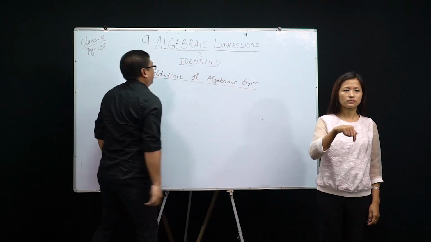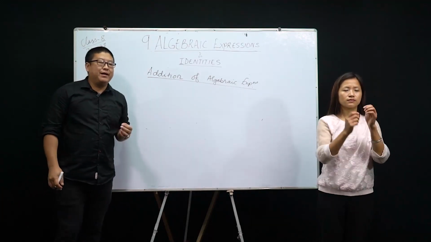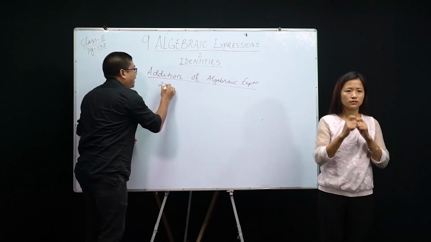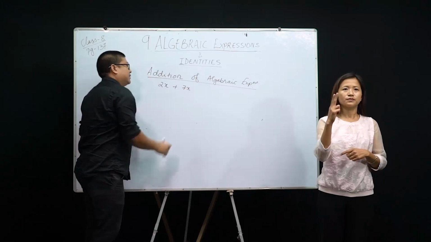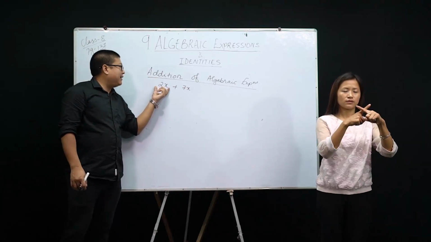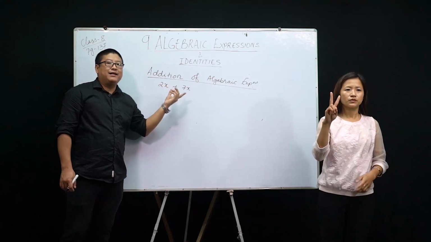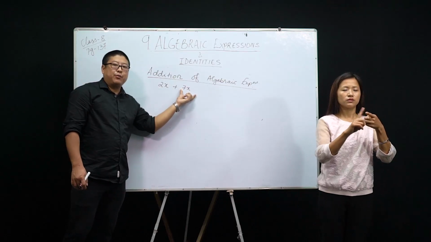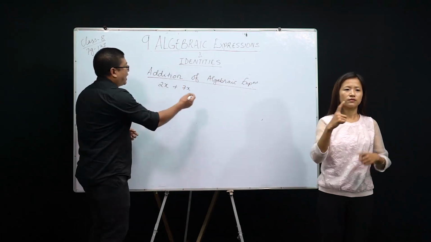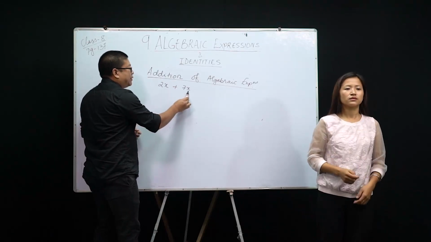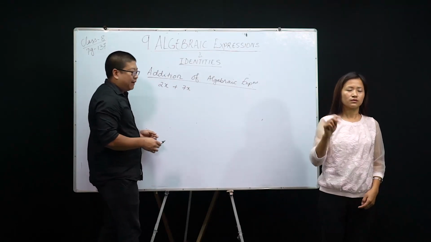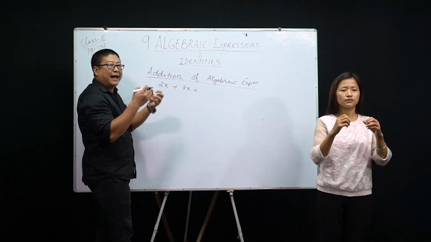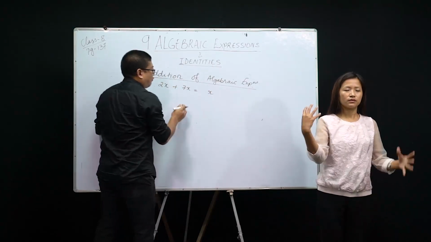Now addition of algebraic expressions simply means adding two algebraic expressions. For example, if I take 2x plus 7x, we can add these two terms very easily because in the first expression we have only 2x and in the second we have only 7x. First check if the variables are the same. x, x, both are the same. Since variables cannot be added, we will write x common for both of them.